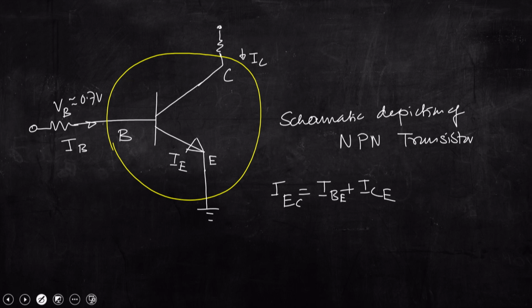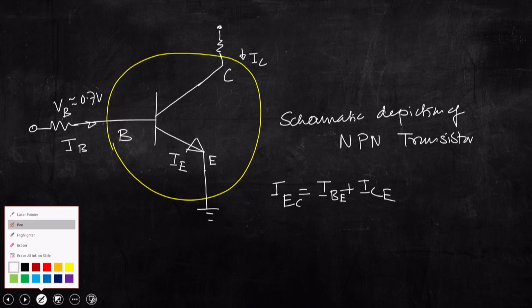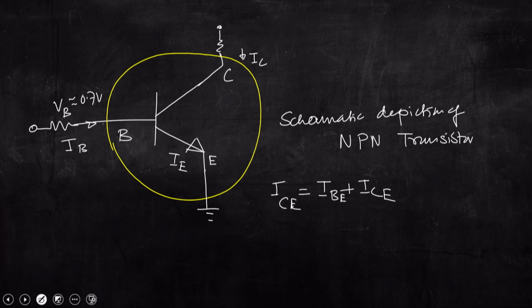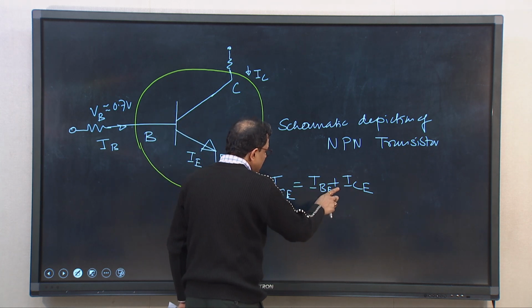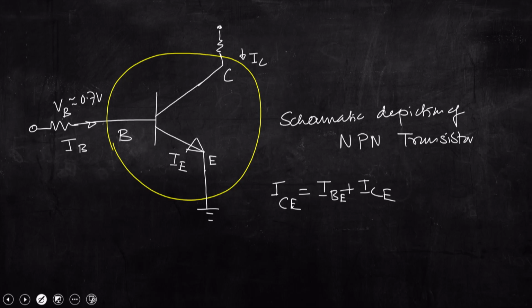So, this is emitter, IC plus IB, ICE, right. Essentially our objective is to have current amplification. So, the total current eventually will be base to emitter current plus collector to emitter current.